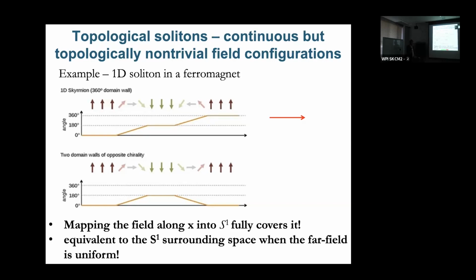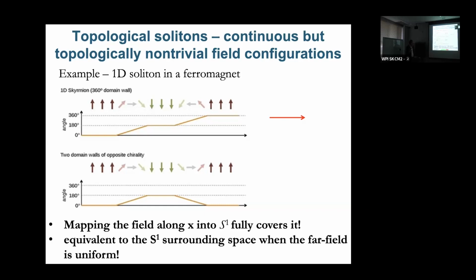So the simplest type of such topological solitonic structures are the solitonic domain walls. So in here I have two examples. One of them is non-trivial and the other one is trivial.